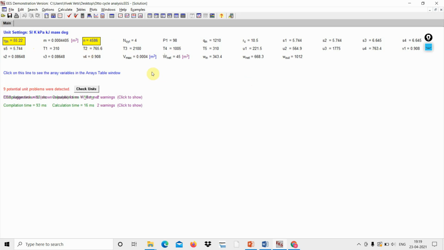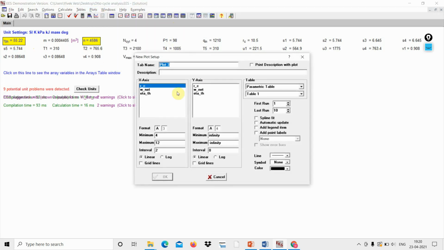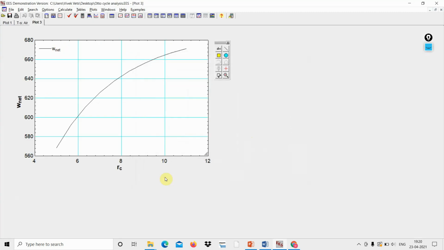Here you may get all the variables which were not identified. If you go by the traditional way, it takes a lot of time, but by using EES we are getting the values very easily and in less time. Also, let's move on to plotting graphs. XY plot of rc, let's plot for W net.